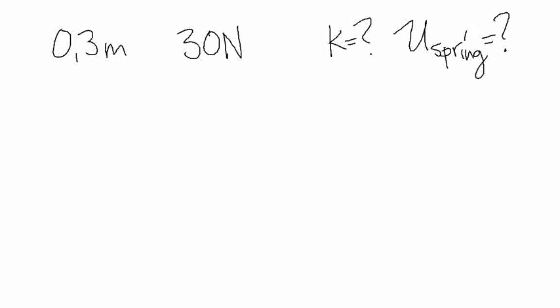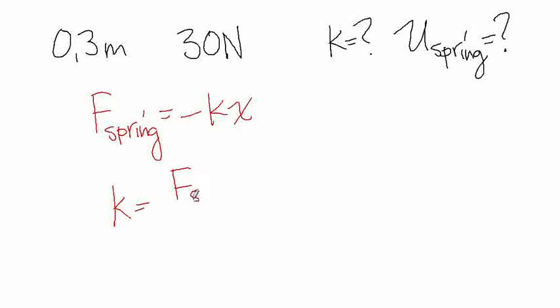Okay, so I'll go ahead and work it out also. So we know that a spring force is equal to minus kx. Okay, so therefore the spring constant is equal to the F spring divided by x, and let me put absolute value bars here because I don't want to mess with the negative sign.